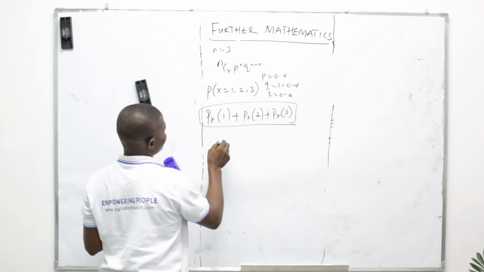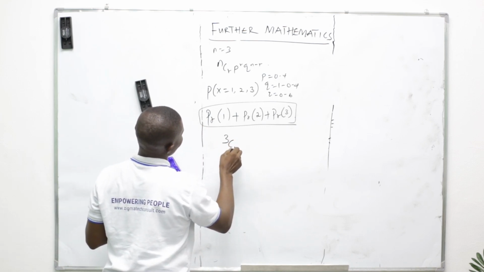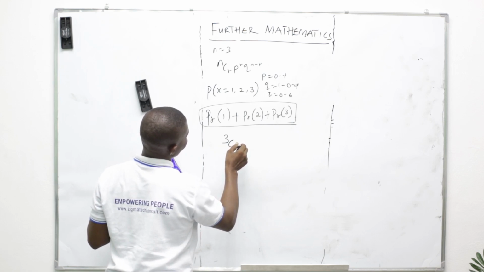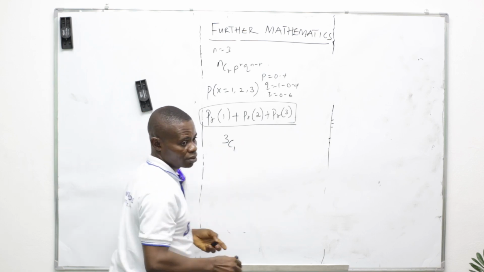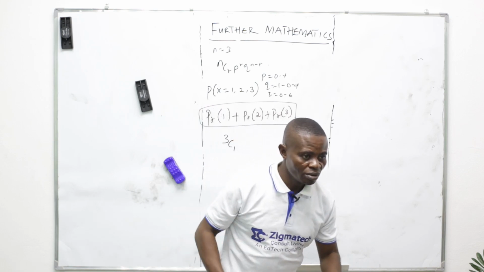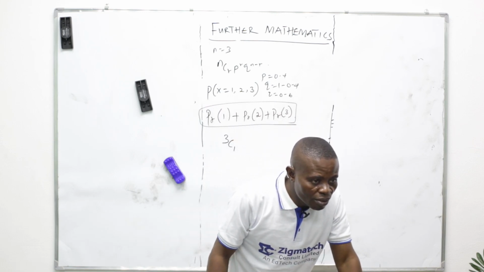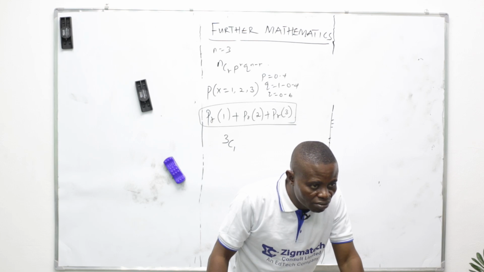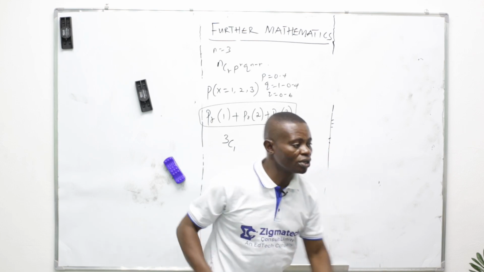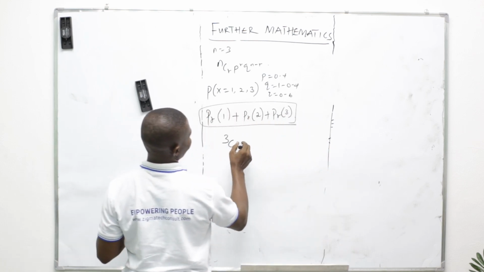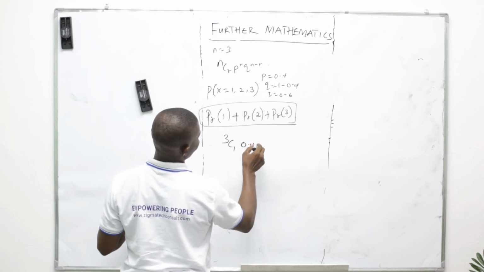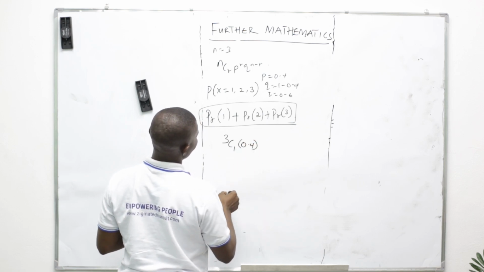So P(r=1) meaning 3 combination 1 into p, graduating, q, not graduate. Okay, 0.4 raised to power r.